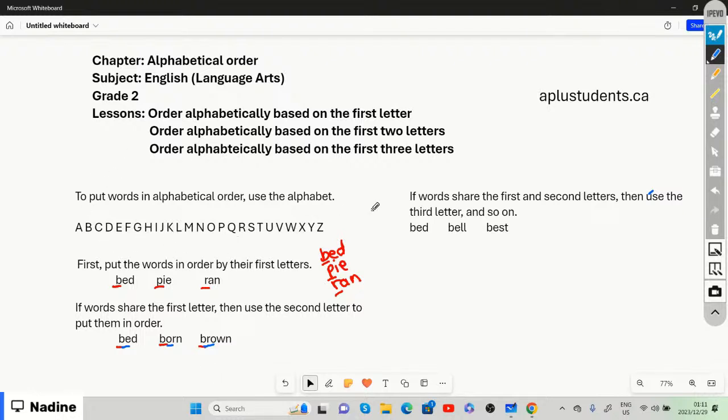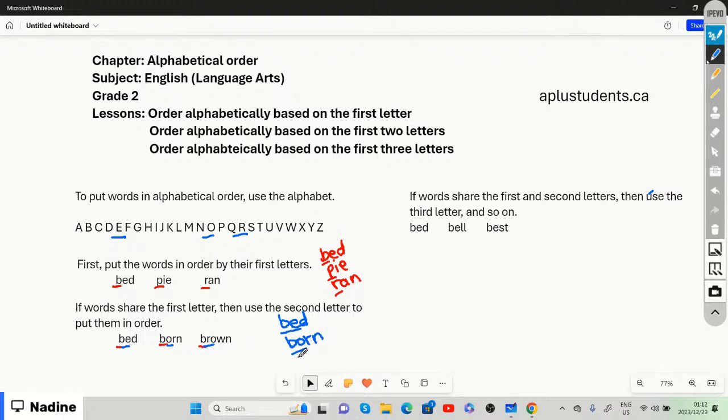So now if we go to our alphabet, right? We first have the letter E, then we have the letter O, then we have the letter R, which means that if we were to put these words in alphabetical order, which they are already, then it's going to be bed because of BE. Then it's going to be born because of BO.